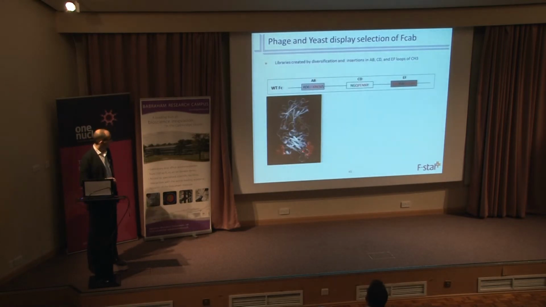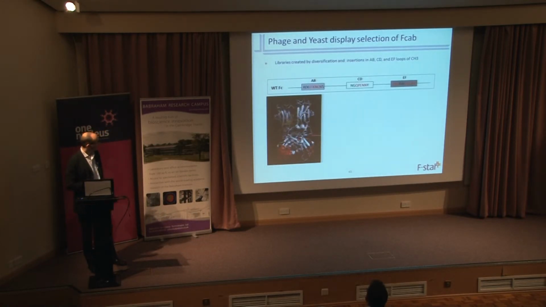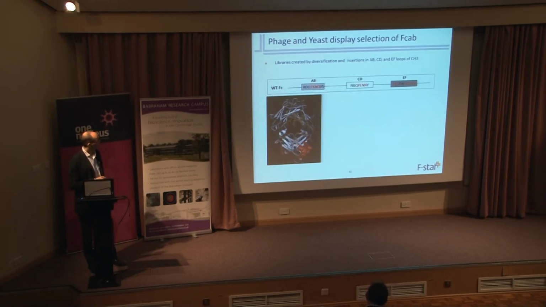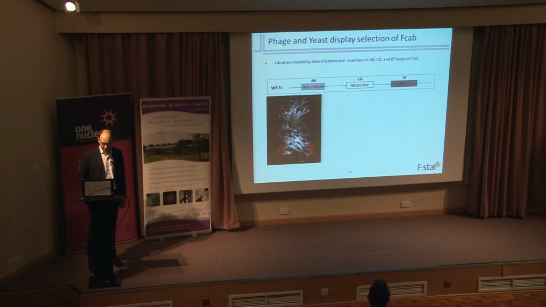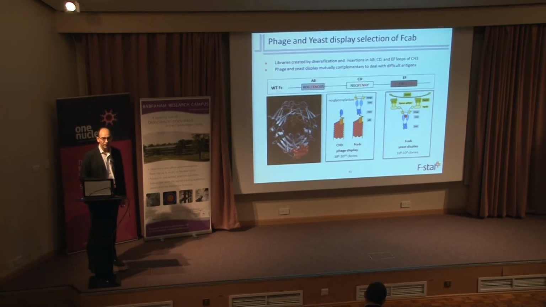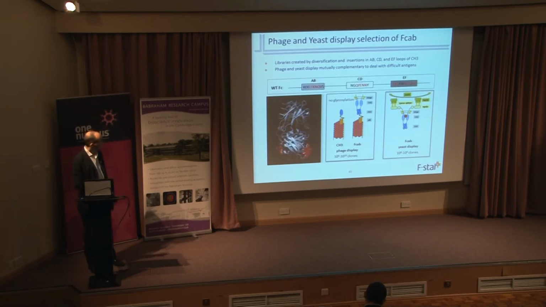The way we do it is, again here a blow up of the CH3 domain and the CH2 domain. We focus on this part of the CH3 domain down here. We vary the sequences in the A, B, C, D, and EF loops in the CH3 domain of the wild type Fc region, IgG1. Then we use phage display and yeast display to select binders out of libraries that have diversity in these regions.